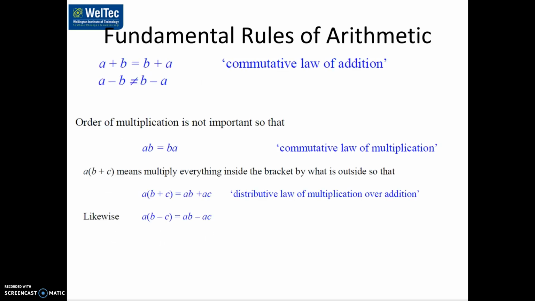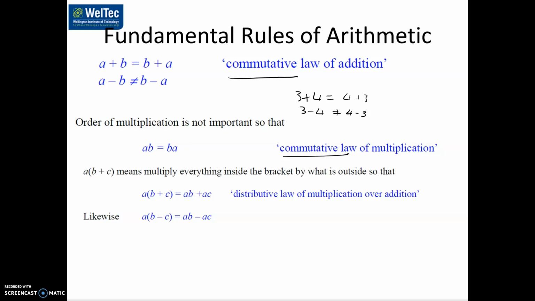Sometimes it's important to remember the actual rules. Addition is commutative. You can add in either order, so 3 plus 4 is the same as 4 plus 3, but subtraction is not, because 3 minus 4 doesn't equal 4 minus 3. Multiplication is commutative. Sometimes it just helps to be able to do things in a different order.